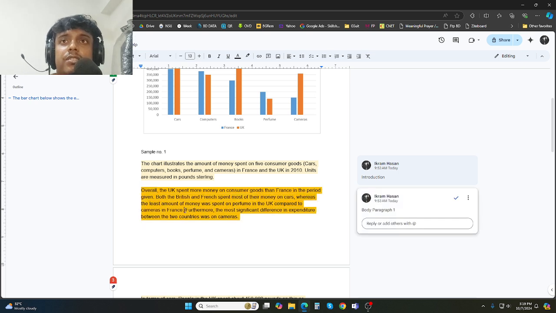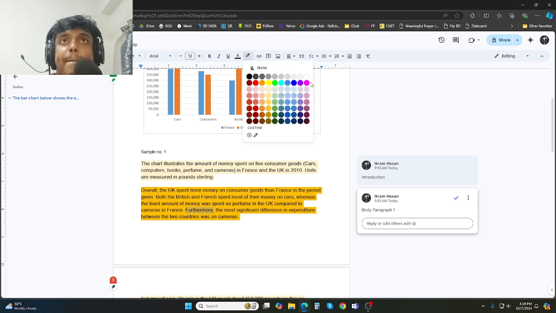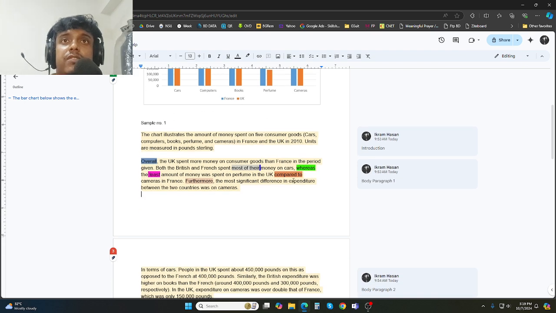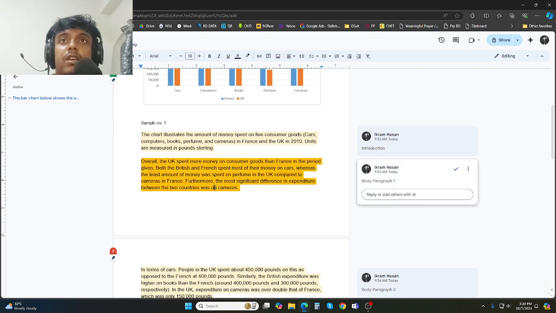Furthermore, this is another linker. To be coherent in writing, we are using furthermore. The most significant difference in expenditure between two countries was on cameras.